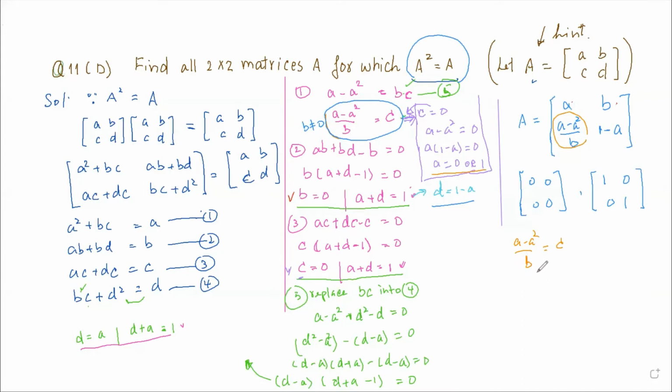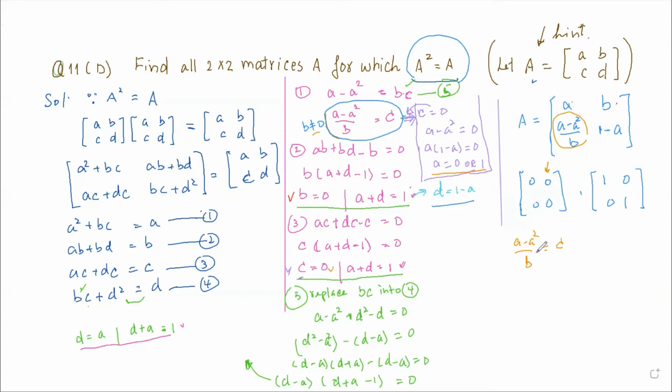But C can be 0; right now we try to get the zero matrix, so this term has to be 0. B is not 0 because of the condition here, but C can be 0. So then this one becomes 0.